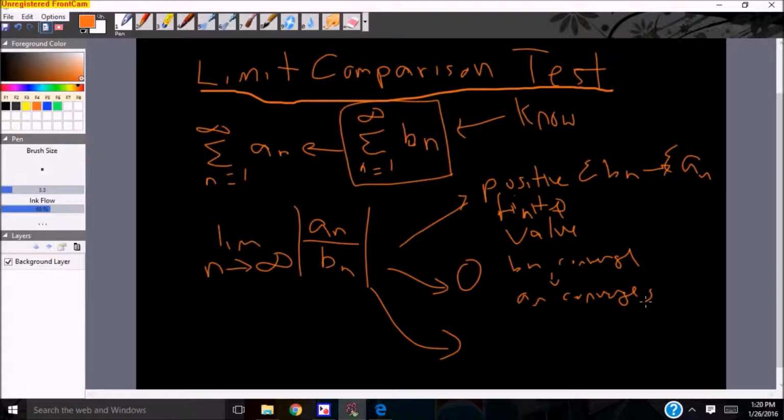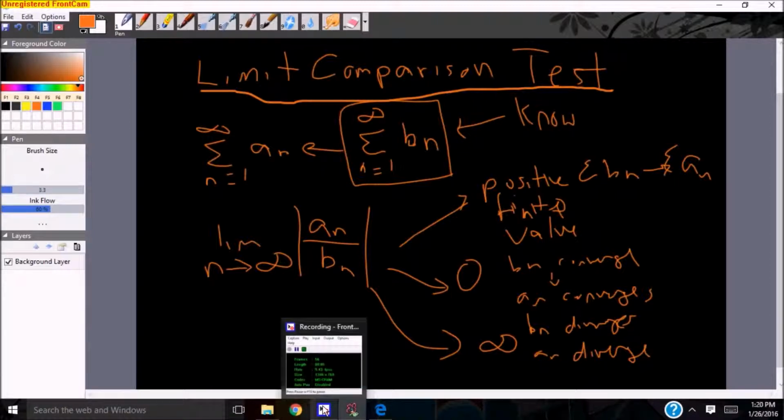And if we get infinity, then we need b sub n to diverge, and if it diverges, then a sub n will also diverge. If b sub n converges, then we will get no good information from this.